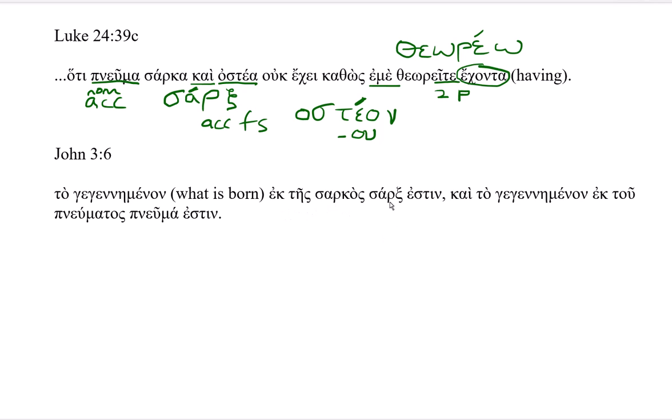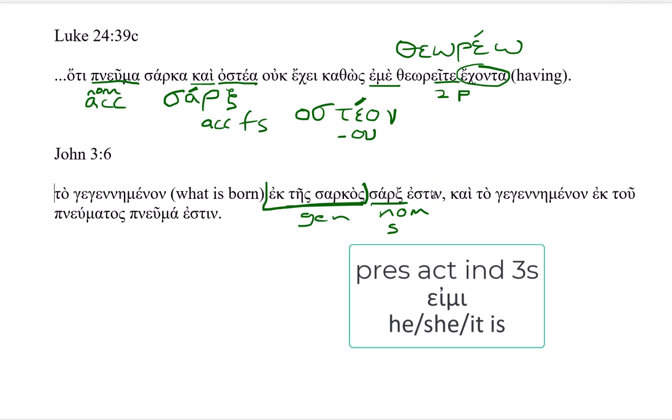And then we have sarx estin. So we have sarx here. That is nominative, feminine singular. We saw that this is a genitive, but that's coming out of this whole phrase here, ek tes sarkos. And for completeness, let's note that estin is a present active indicative third singular form of eimi, he, she, it is.